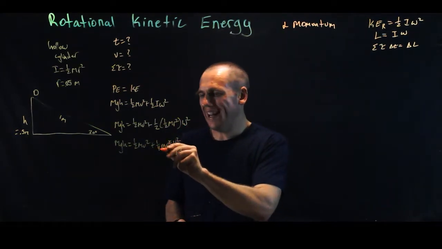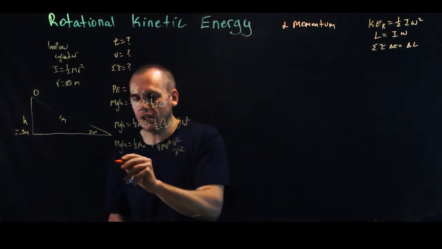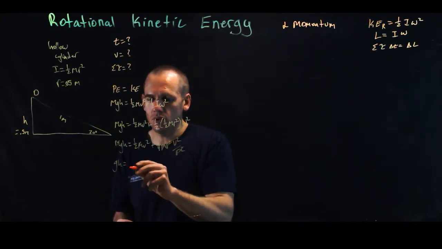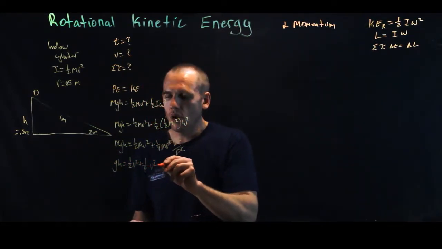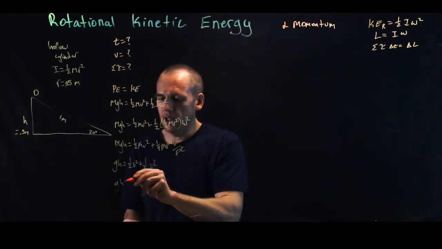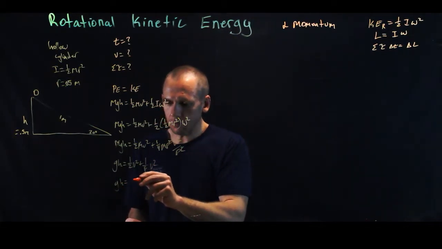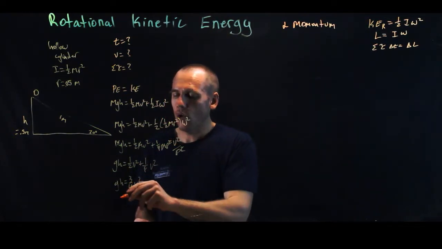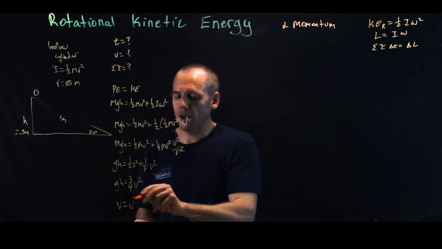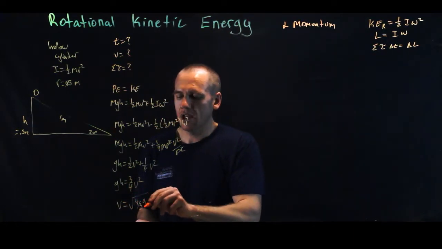R squareds are gone, and m is also in every term, so it's gone. So gh equals 1/2 v squared plus quarter v squared, or gh equals 3 quarters v squared, or v is equal to the square root of 4/3 times gh.